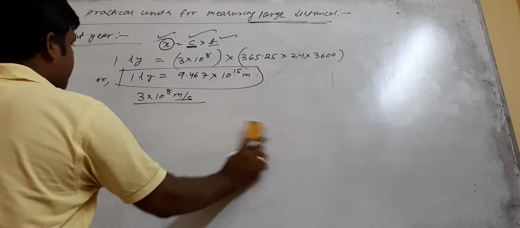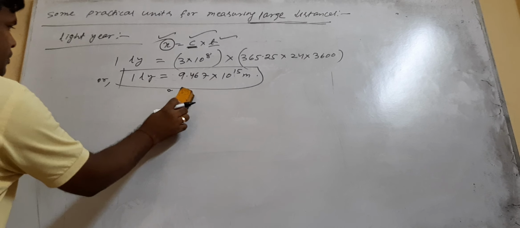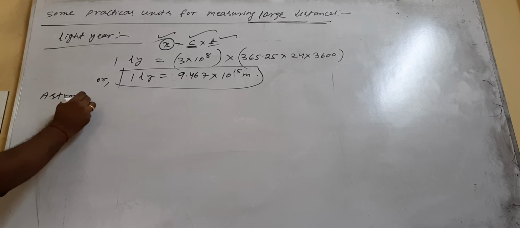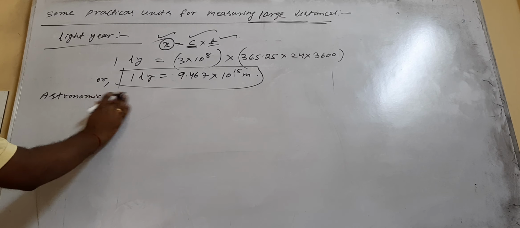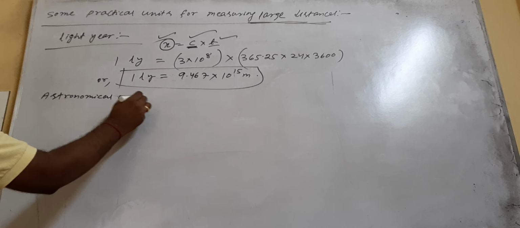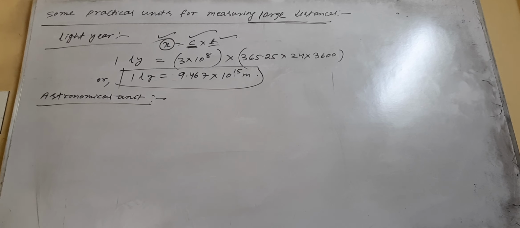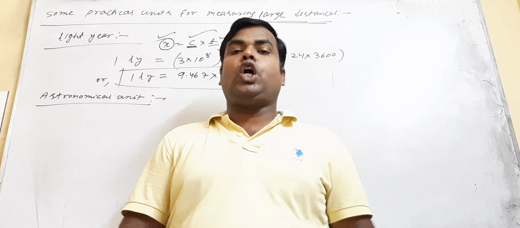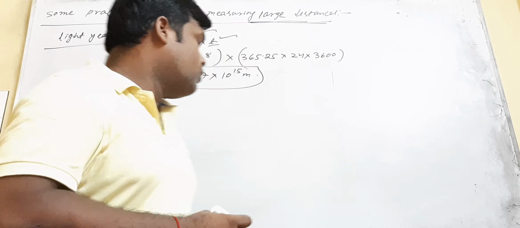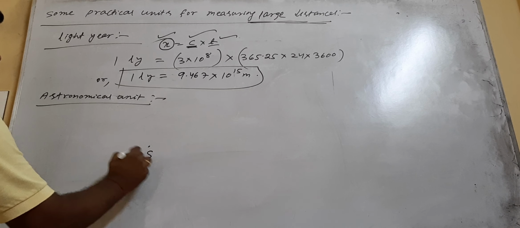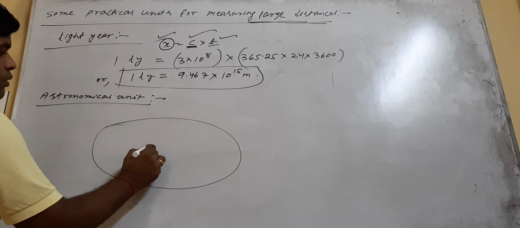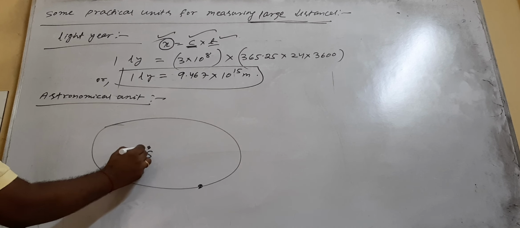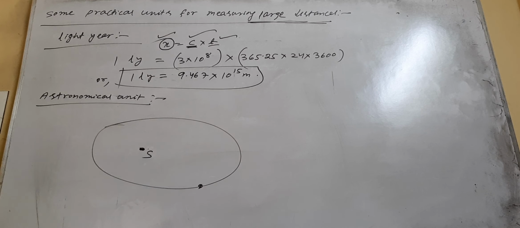Now come to astronomical unit. It is the mean distance between the sun and the earth. You know, the earth is revolving around the sun in an elliptical orbit with the sun situated at one of its foci.